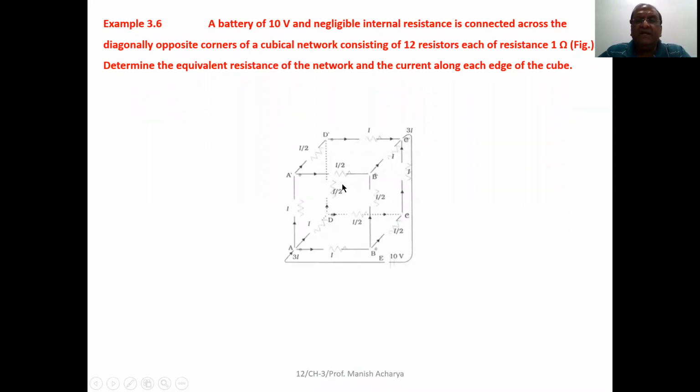See, this particular circuit is given to you, and you have to find the equivalent resistance of the network between terminal A and this diagonally opposite point. Then we have to find the current along each edge of the cube. This is our problem. Clear problem?